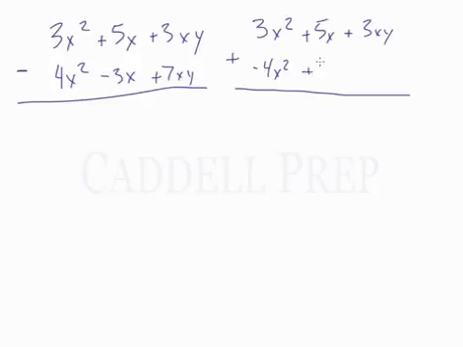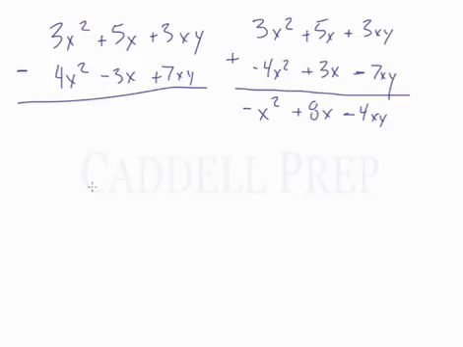Negative 3x becomes plus 3x. And this plus 7xy becomes minus 7xy. Now we'll just add. So 3x squared plus negative 4x squared is negative 1, or negative x squared. 5x plus 3x is 8x. 3xy plus negative 7xy, negative 4xy.